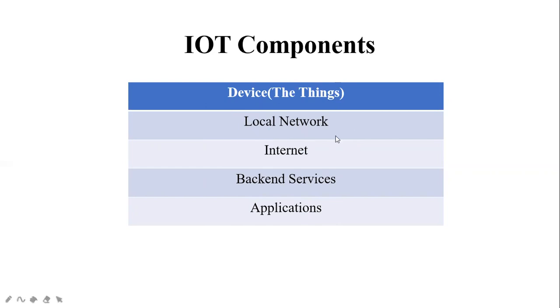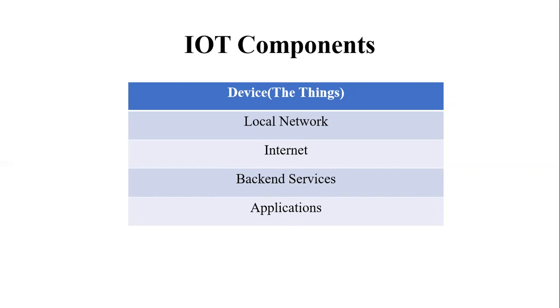Local network, like your LAN, which type of network you require: LAN, WAN, or MAN. And internet, which type of connectivity you are providing in your IoT system. Backend services is how you process your data, which type of service you want, whether you want to record your data or not.